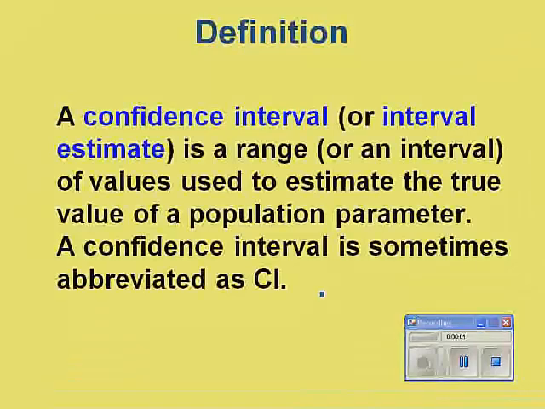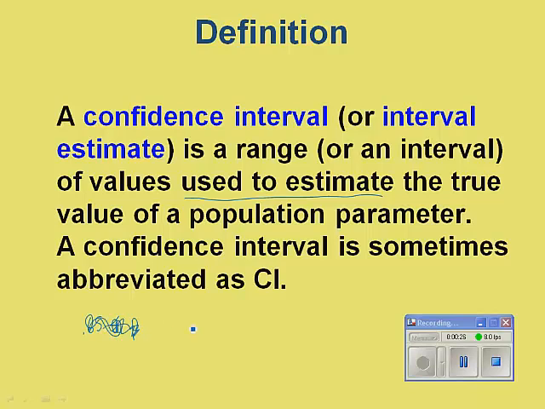This is kind of the opposite of a point estimate. It's used to estimate, right? But what you're going to have is a range of values. So my confidence interval might be, okay, how about this?